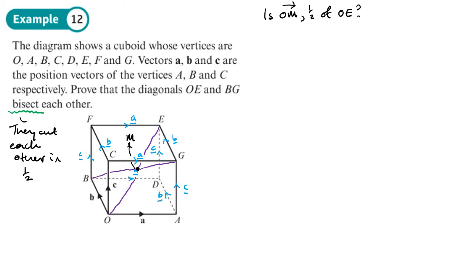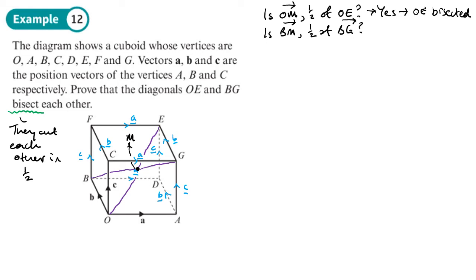We want to answer that question. Well, if the answer to that question is yes, then it means that OE gets bisected. The other question we want to answer is, is BM half of BG?